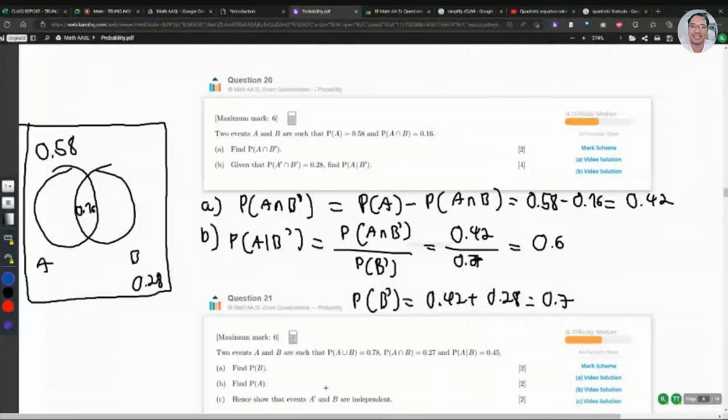Because 0.42 is A and not B. Sorry, I didn't look at the last row. No, it's fine. So 0.42, which is A and not B, added with 0.28. That is the probability of not B. Correct. Good job. Thank you.